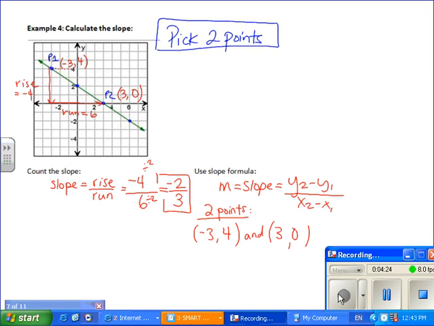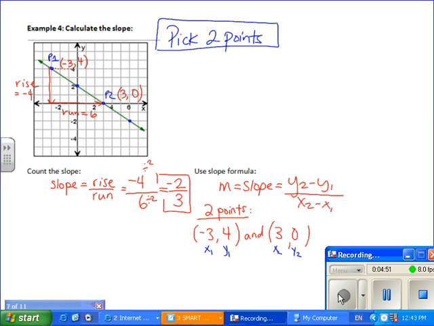Now I'm going to identify, looking at my formula here, negative 3 is the x value for this point, and 4 is the y value. This was point 1, so let's say that's x1 and that's y1. The next point, we call it point 2, so that's x2 and that's y2. x always comes before y when you're looking at a point on a graph.